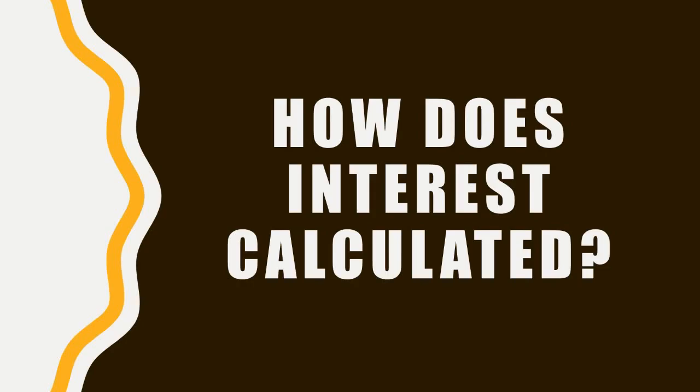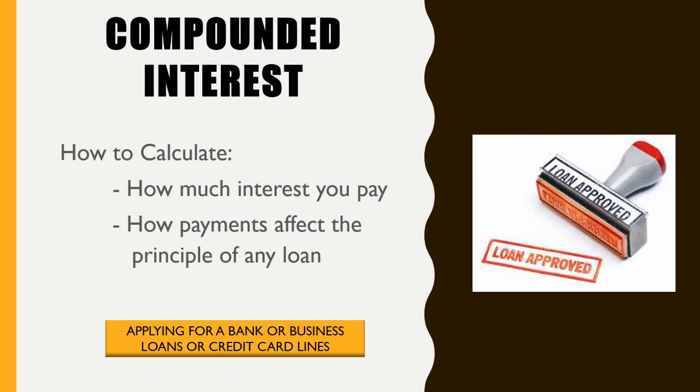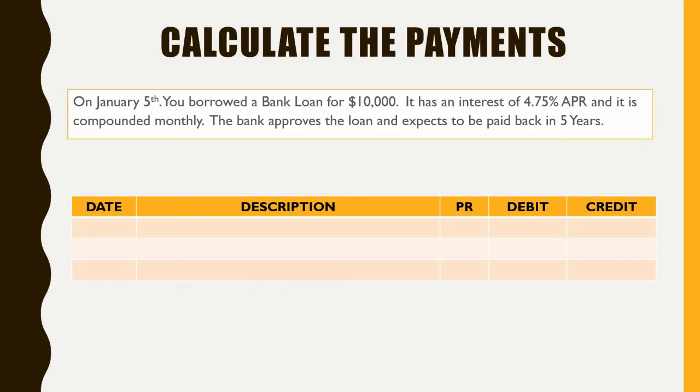How does interest get collected or compounded? This is when we look at credit cards. Once again, I'm going to go over this real quick. When we look at a credit card, or do a bank loan, the first thing we have to do is recognize what the bank loan was originally for.